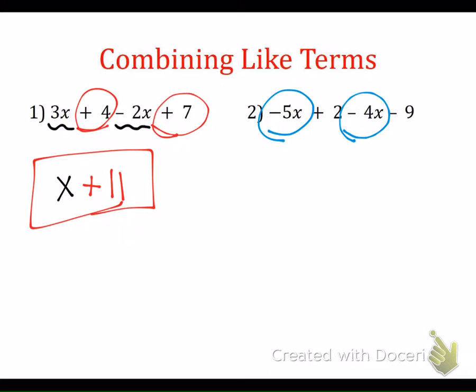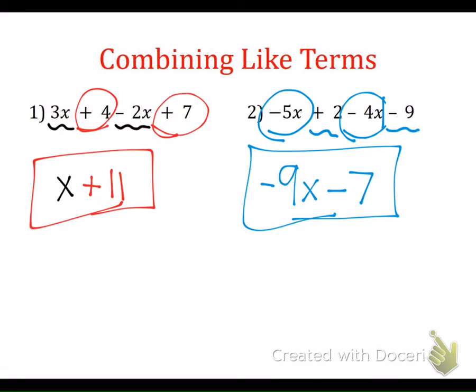When you add two negatives, you get a negative. Even more into the negative, right? So it would be negative 9x. Perfect. Positive 2 minus 9. -7. Negative 7. Perfect. Questions on this one?